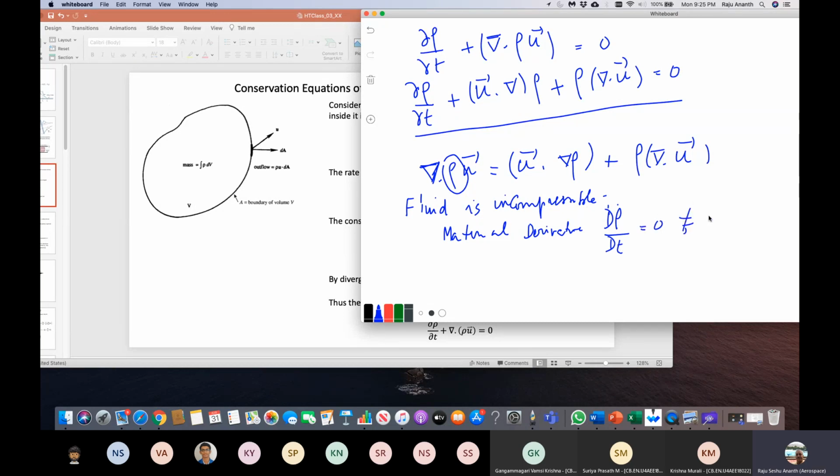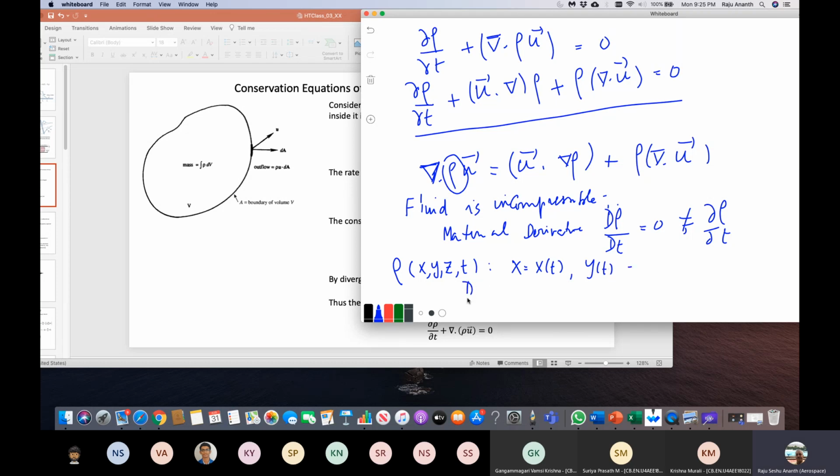This is not d rho dt, okay? Let me explain why. What is d rho dt? Rho in a flowing fluid is not only a function of t, but a function of x, y, z, and t. Besides, x also is a function of t implicitly. y is a function of t.